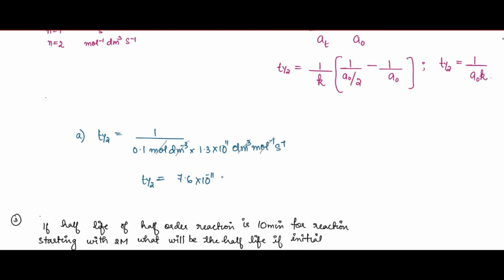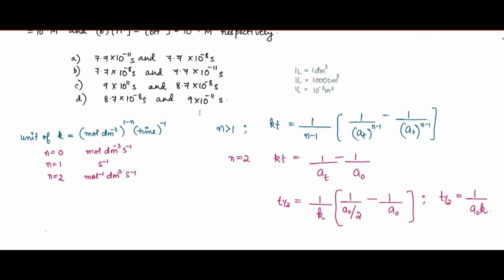Per second, when it comes up, becomes second. So 7.6 into 10 to the power minus 11, 7.7 into 10 to the power minus 11 is already there. That means option A. You don't need to do anything else, because that is the only one there.